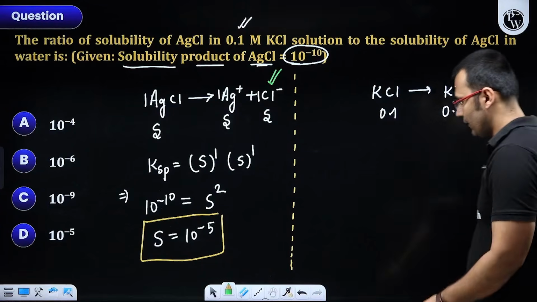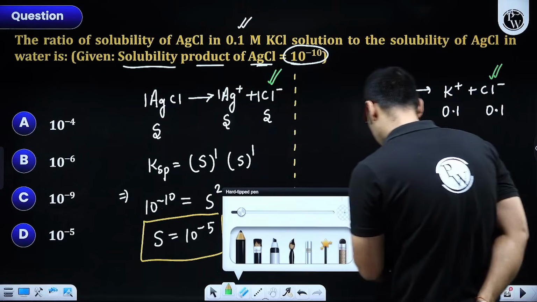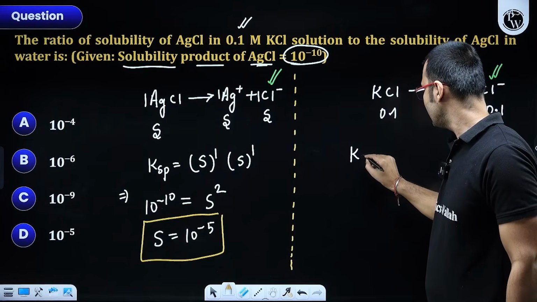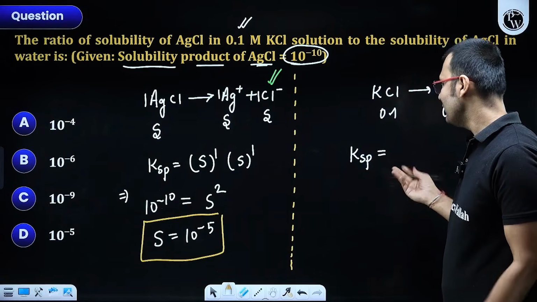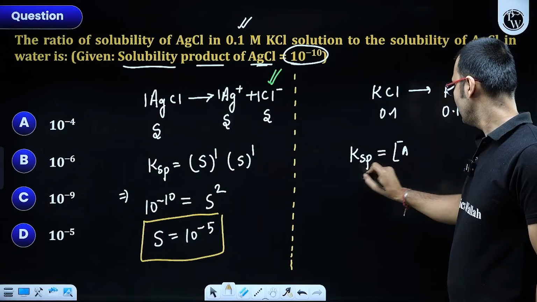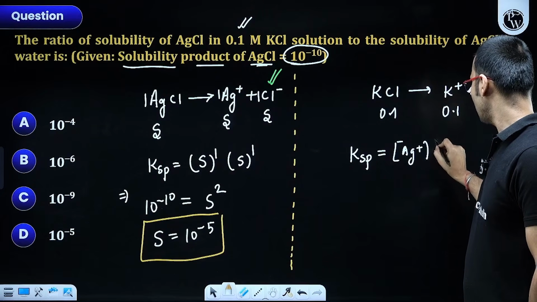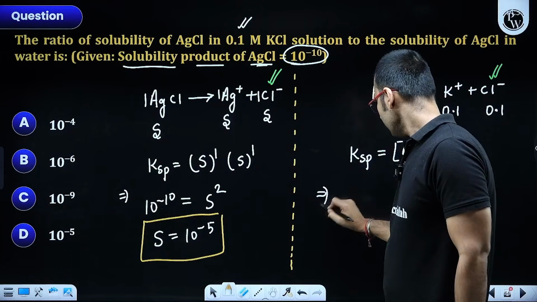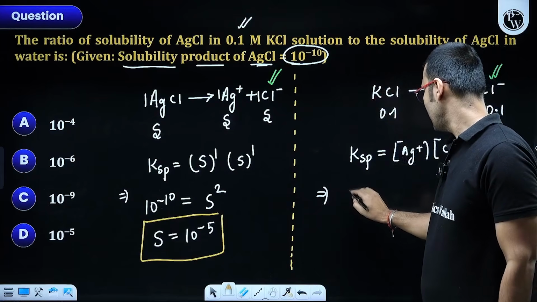Now with KCl, again if I calculate its KSP, the expression will be the same. KSP of AgCl will be concentration of Ag plus to the power 1, concentration of Cl minus to the power 1, right? The magnitude of KSP is 10 power minus 10.